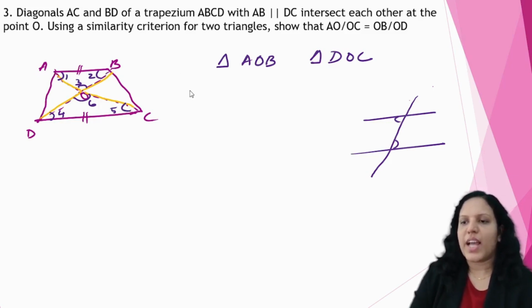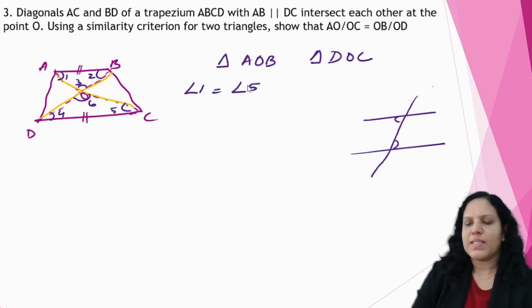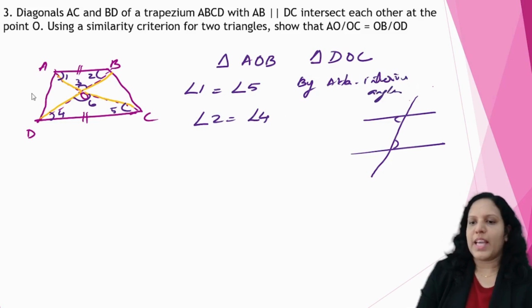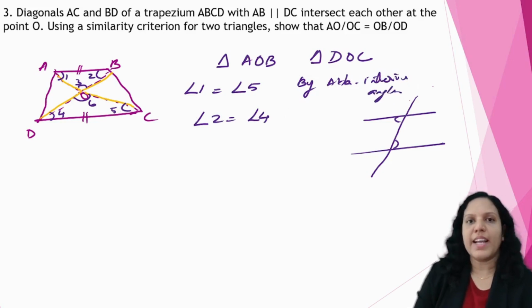So in triangle AOB and triangle DOC, angle 1 is equal to angle 5. Similarly, angle 2 is equal to angle 4 by using alternate interior angles, because AC and BD are transversals drawn through two parallel lines.